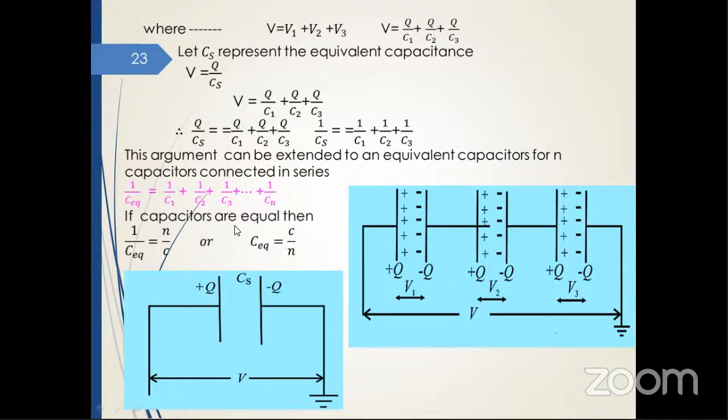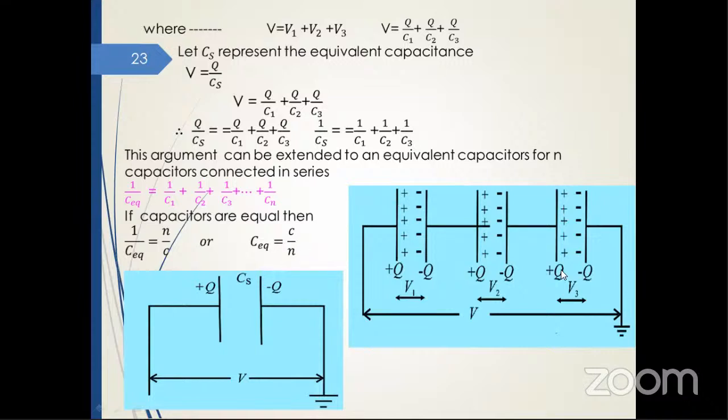If all n capacitors are equal, then 1 upon C equivalent is equal to n divided by C. Therefore, the equivalent capacitance is equal to C divided by n.